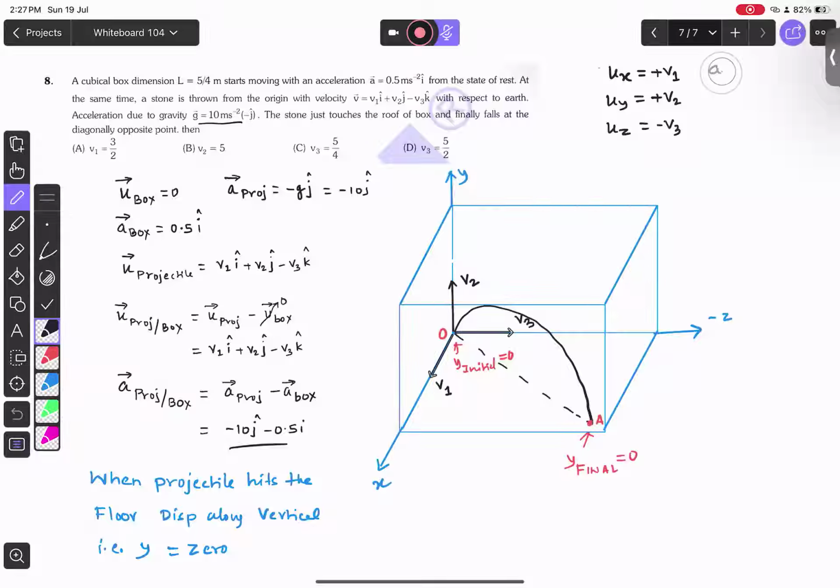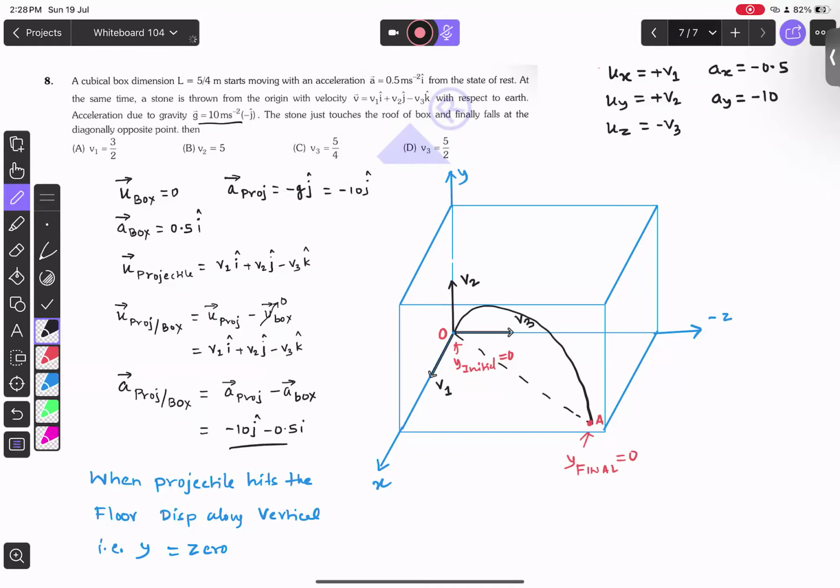The acceleration along x the projectile has is minus 0.5. The acceleration of the projectile with respect to the box along y is minus 10. I hope you're getting the point. Literally, I'm thinking the box is not moving, but the projectile is moving with respect to the box with some acceleration and some velocities which are relative.